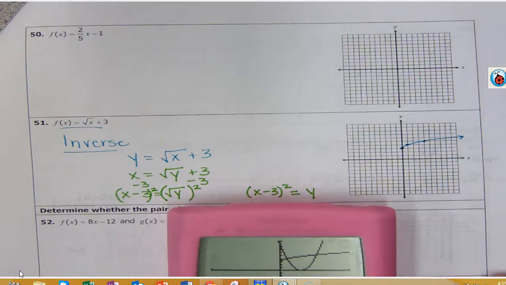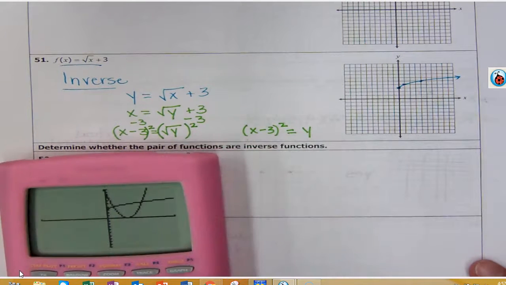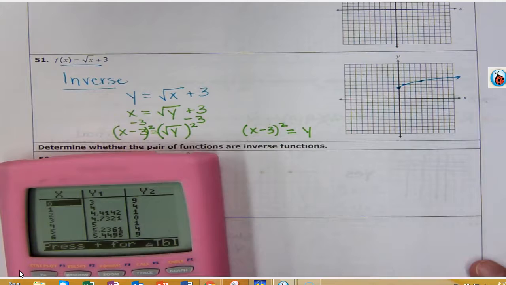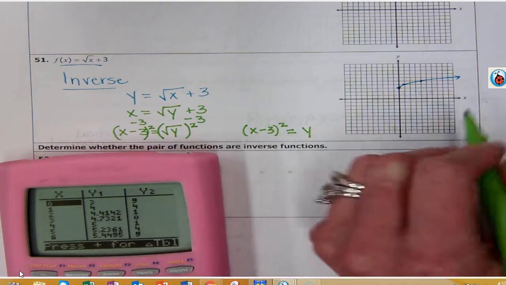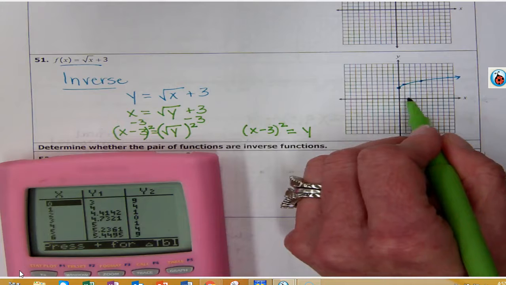Now, your domain, so I can look at my table and look at my, when x is 0, y is 9.